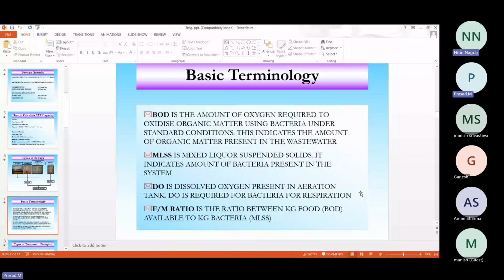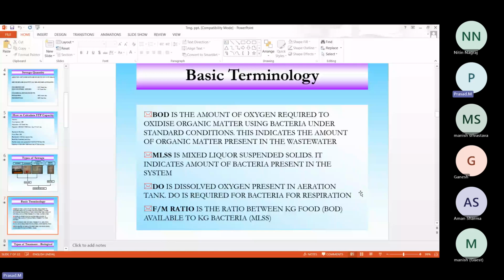So oxygen we are providing to bacteria for survival, because if we do not give oxygen to bacteria, then bacteria will die. That's why we have to provide oxygen by using a blower, surface aerator, or subsurface type aerator. So these are the equipment which provide the oxygen to the aeration tank.